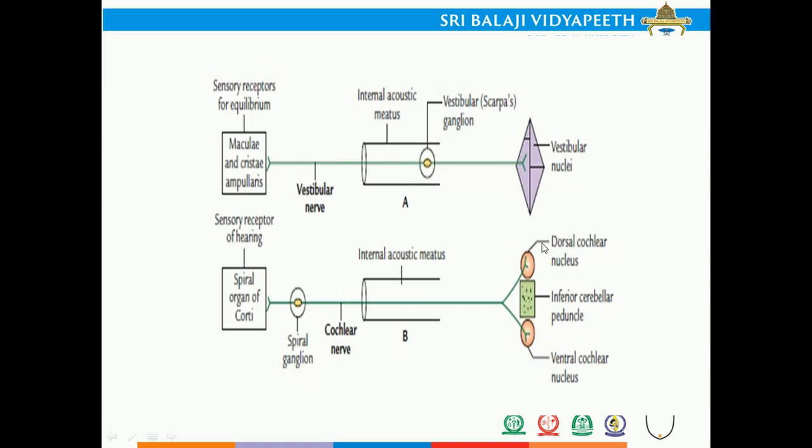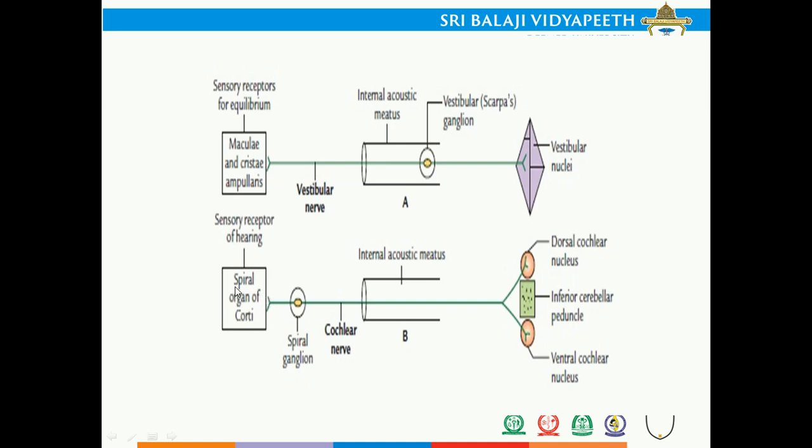Simultaneously, to talk about the cochlear nerve, it arises from the dorsal and the ventral cochlear nuclei from the inferior cerebellar peduncular area, and it goes through the same internal acoustic meatus as the cochlear nerve. Then it enters into the spiral ganglion and goes to the spiral organ of Corti.